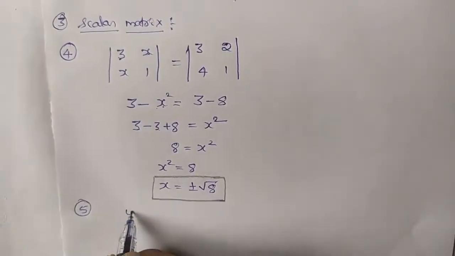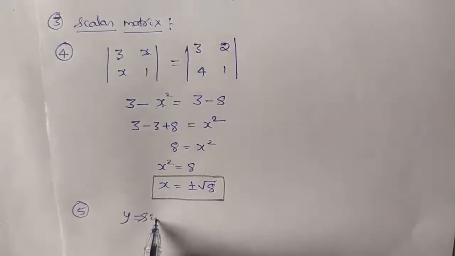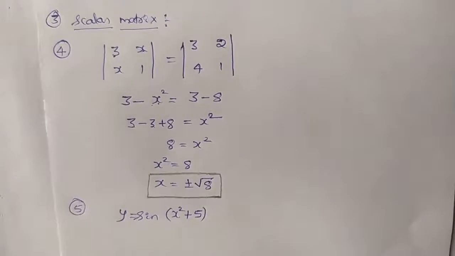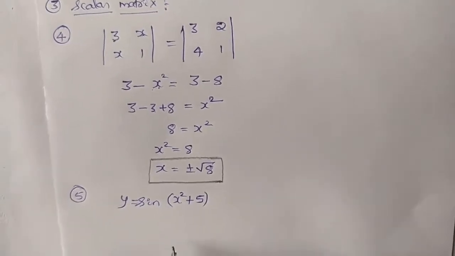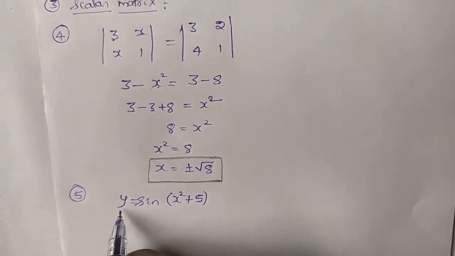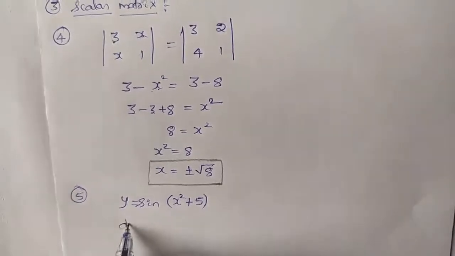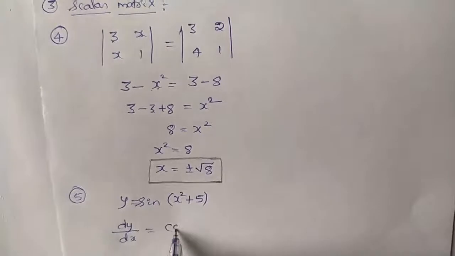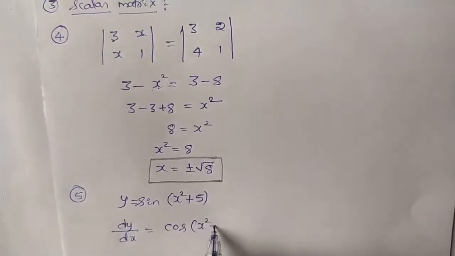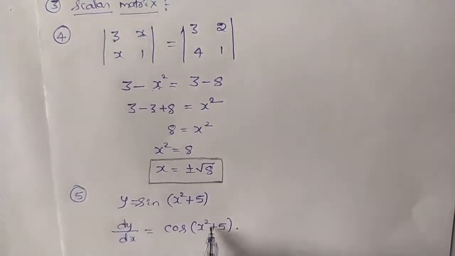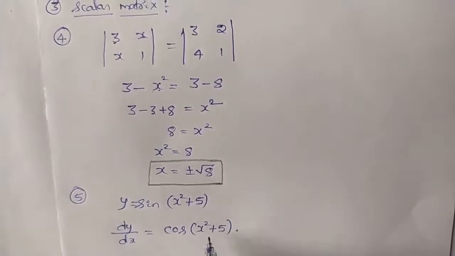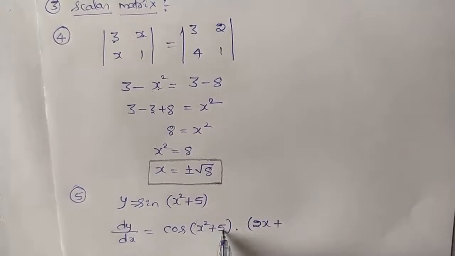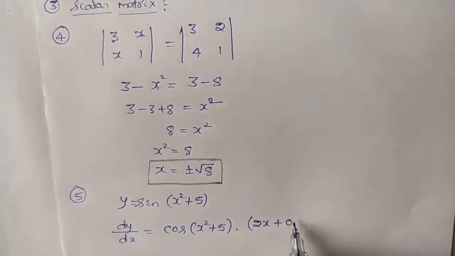If y equals sine of x square plus 5, then find dy by dx. Okay, we have to find dy by dx. Let us differentiate with respect to x. dy by dx equals differentiation of sine is cos of x square plus 5, into again differentiation of x square plus 5, which is differentiation of x square is 2x plus differentiation of 5 is 0.